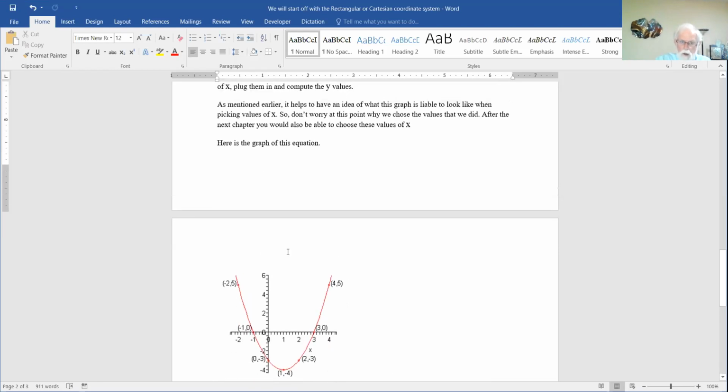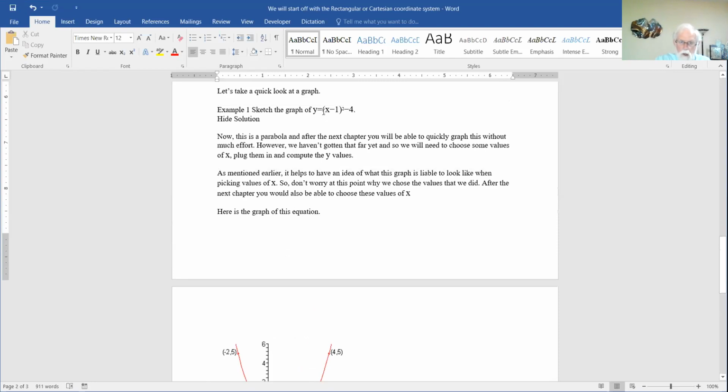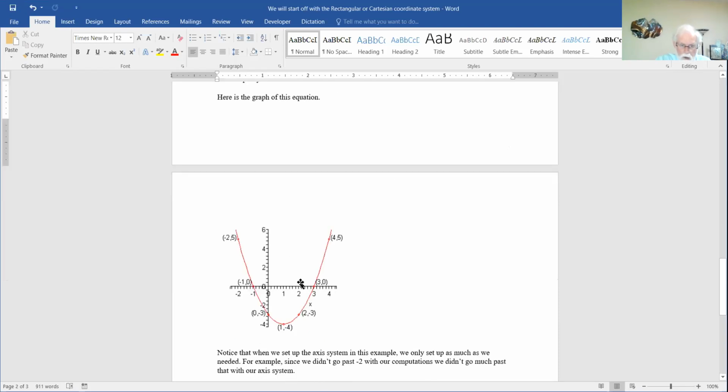So if we give x a 0, then we've got 0 squared minus 2 times 0 minus 3 is y. So we have x 0 because it's on the line and 3 over here. If we substitute in minus 1, we find that at minus 1, y is 0.